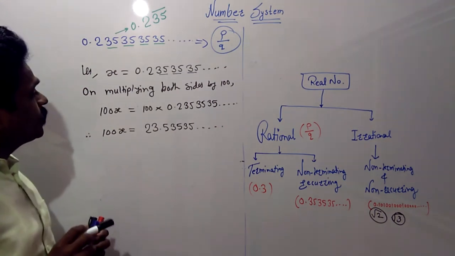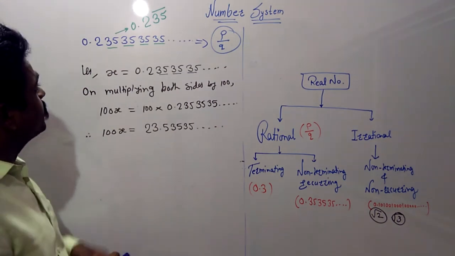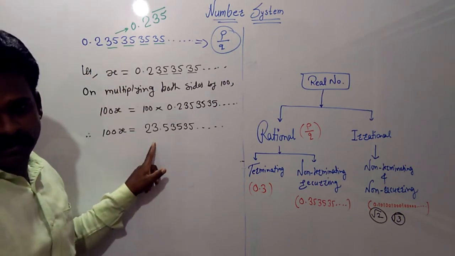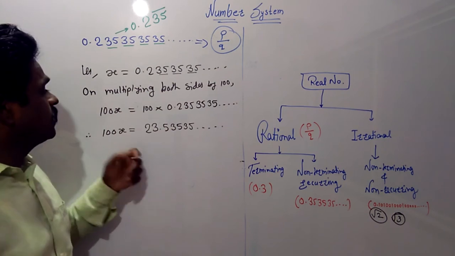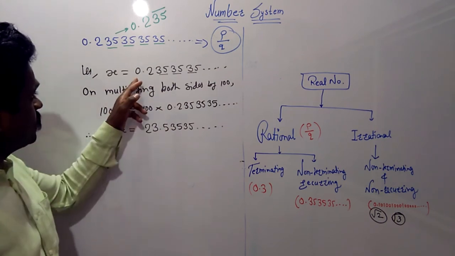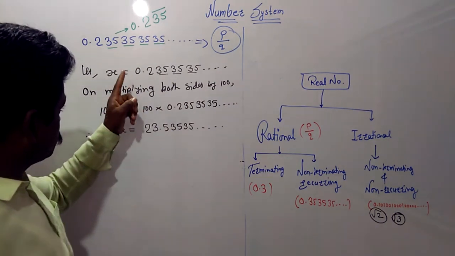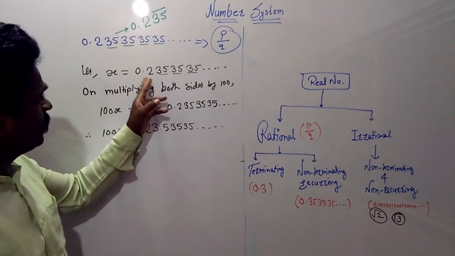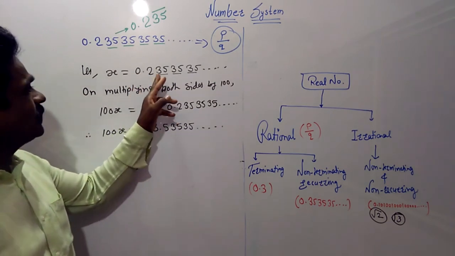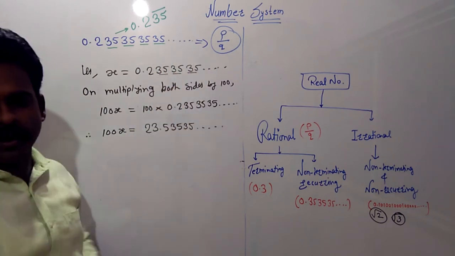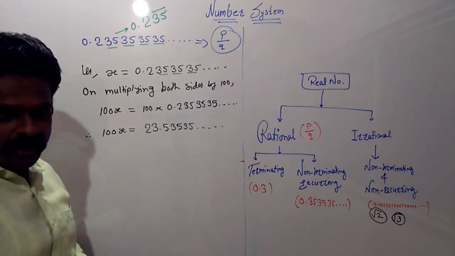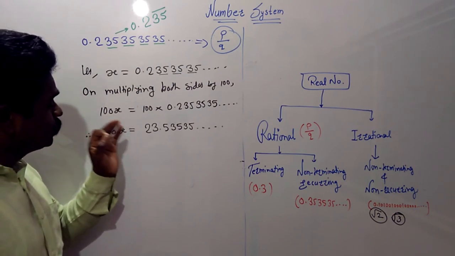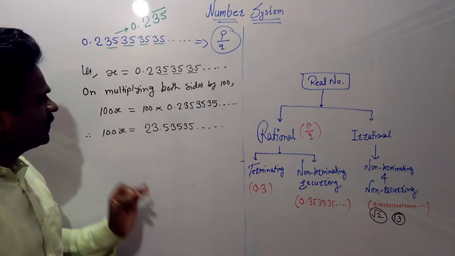Now what we are going to do here, we are going to adjust the same x in this step. Okay, fine, no problem. So how can we adjust this 0.2353535 and so on? We are going to adjust that number here. So 0.2353535.